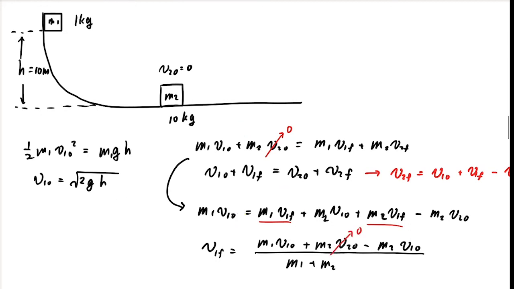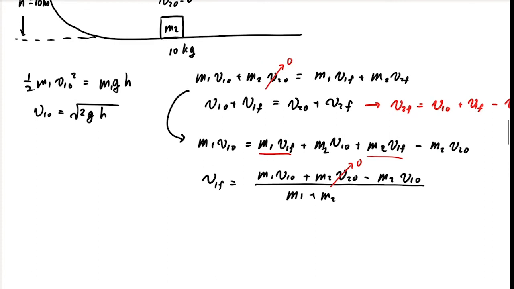So do you see that this is a negative number, telling you it's bouncing back and moving back up now? Good. I don't want to plug in the numbers, but it's there.